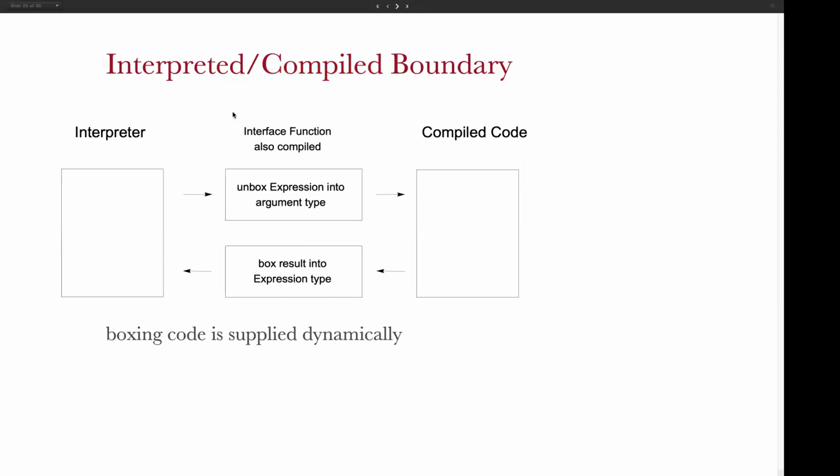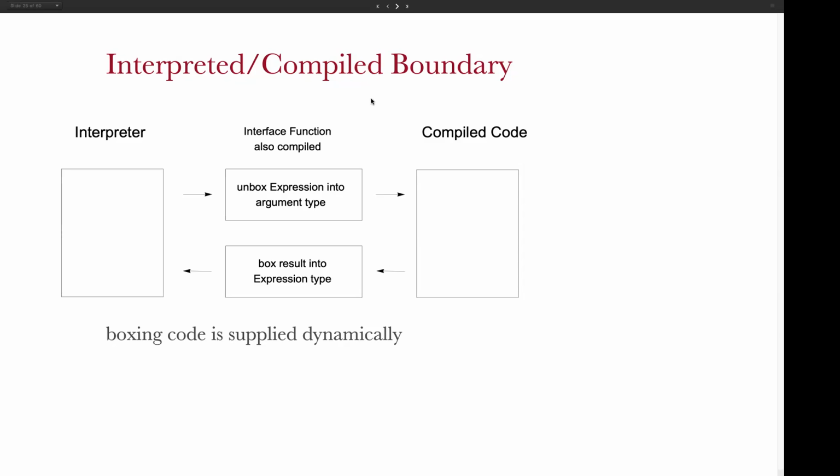One key part of that is there's this interface function that sits in between the interpreter and the compiled code. It's actually a compiled function, but its purpose is to unbox expression input coming from the interpreter into an argument type and then box the results coming back. And this boxing code can be supplied dynamically to support different types.